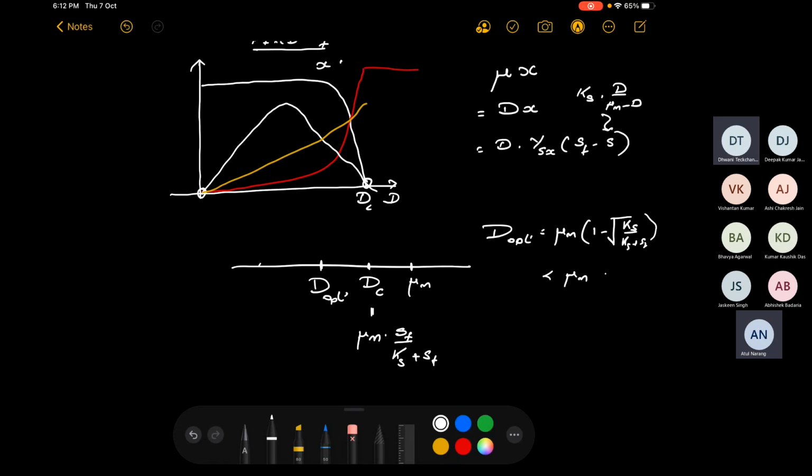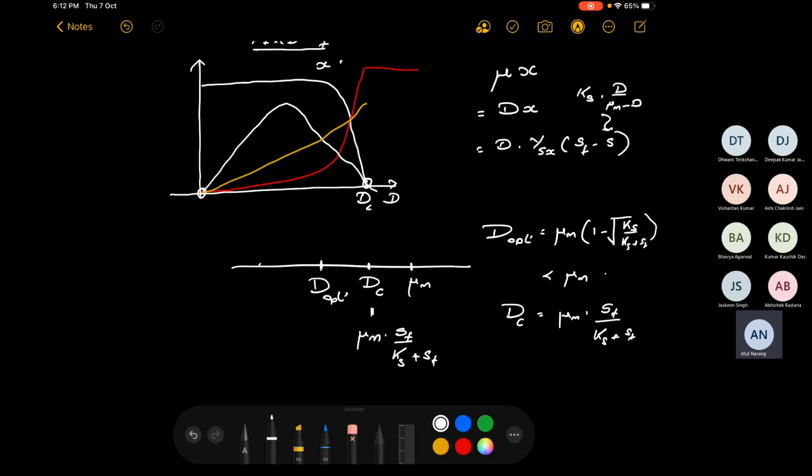Yes. I'd like you to think about whether this expression for D optimum is less than D critical. Your D critical is equal to mu m multiplied by Sf over Ks plus Sf. Is it less? Can you check and see? I'm not asking you to do it right now, but somebody may want to see whether that holds.